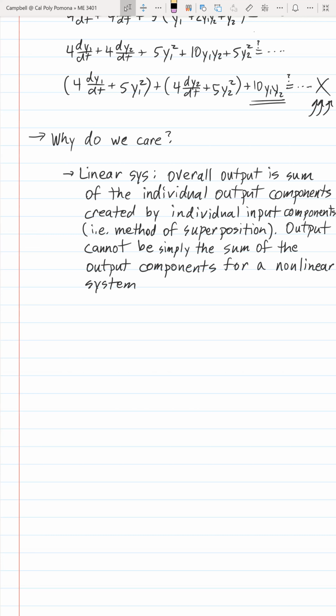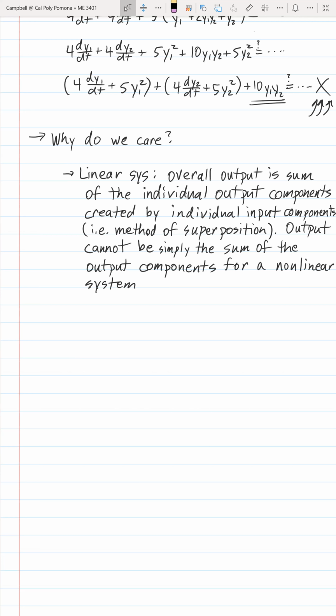So that gives us an understanding of why we would be interested in this idea of whether or not we're dealing with a linear system, even from an experimental perspective. Because of course that's exactly what you do in an experiment. Here's our system, let's give it a bunch of simple inputs, let's see what it does. Okay, now for a more complicated input, that's a sum of some of the individual inputs, we would expect to see that sum at the output.